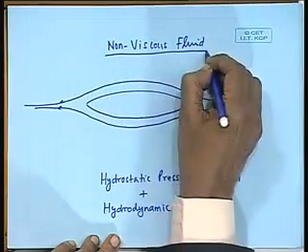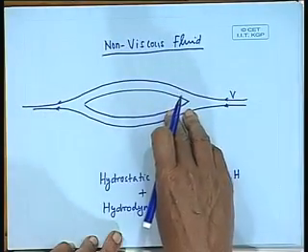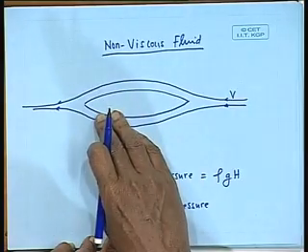Fluid means air or water, any liquid. So, the same applies to air also. That is why I have written fluid. Let us assume the fluid to be non-viscous, no viscosity. Then the water will flow past the body like this. Since it is a streamlined form, the water will flow past the body like this.